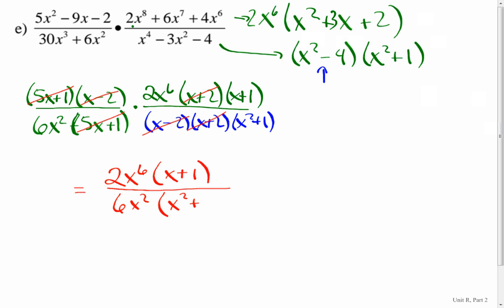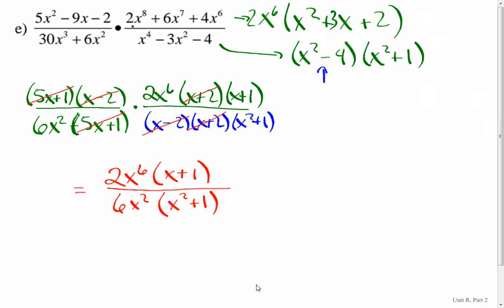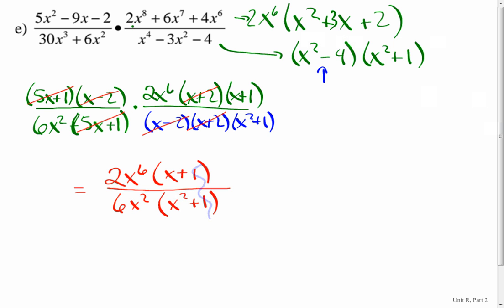Now, some of you guys are going to want to do stuff like this. I'm like, oh, this goes away, and this goes away, and this goes away. But no. Don't be doing that. It's a good way to get your grade messed up, because those aren't factors, okay?